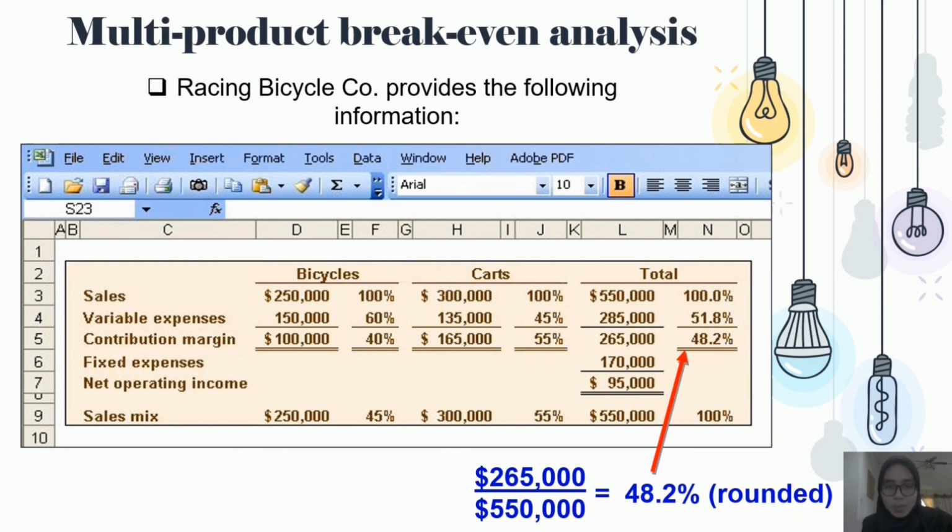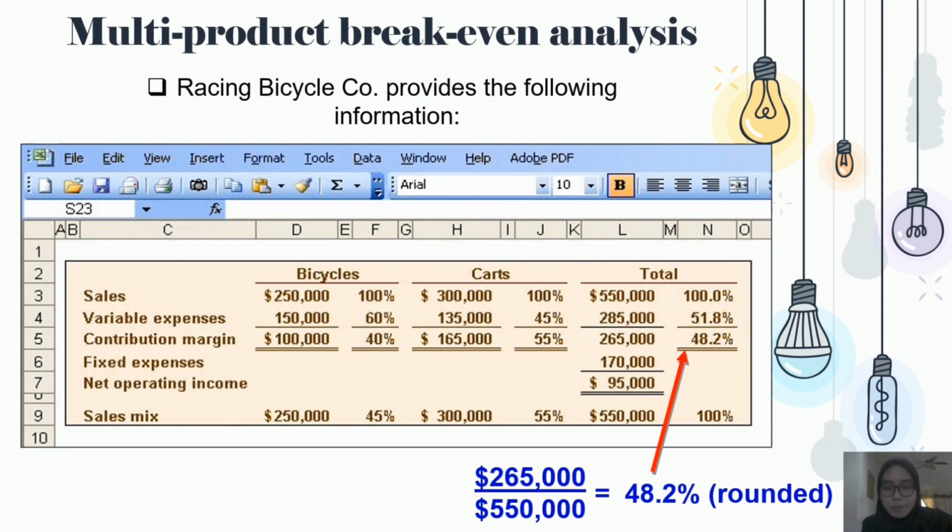So we can assume that the sales mix shows that 45% of the company's sales revenue comes from the sales of bicycles and 55% comes from the sales of carts. Okay, next let's look at contribution margin for each product. Notice that we subtract fixed expenses from the total contribution margin and we do not allocate the fixed cost to each product.